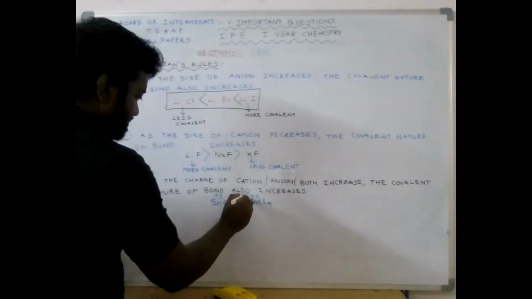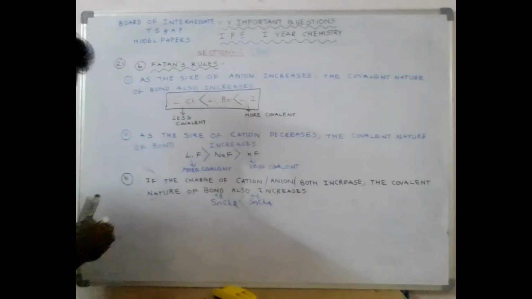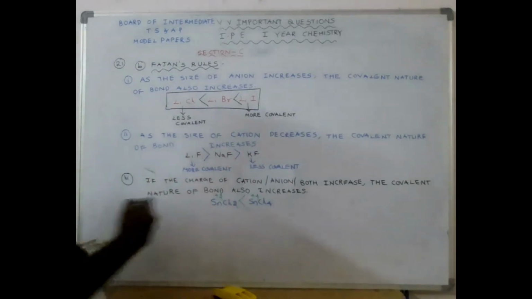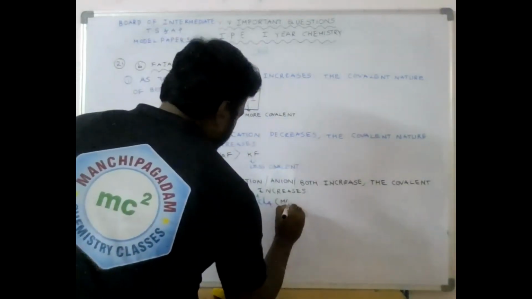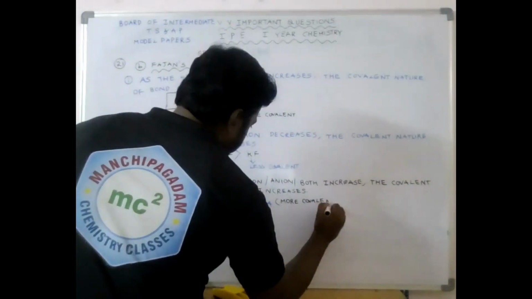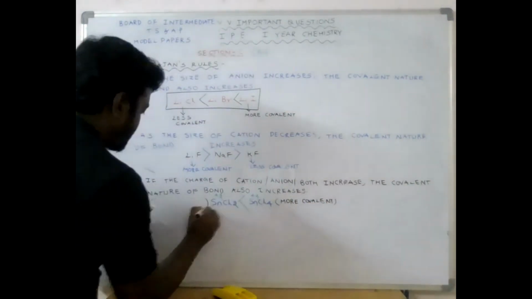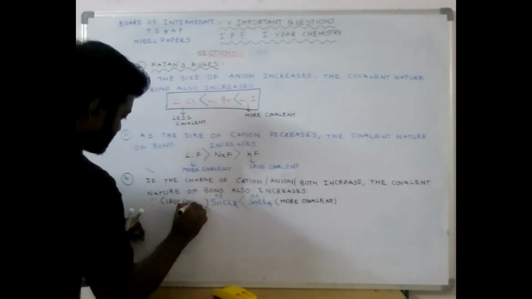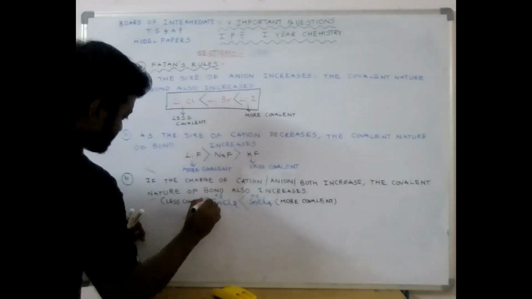Which is more covalent? SnCl4 is more covalent. According to that point, if the charge is more, then the covalent character is more. So SnCl4 is more covalent in nature, and SnCl2 is less covalent.